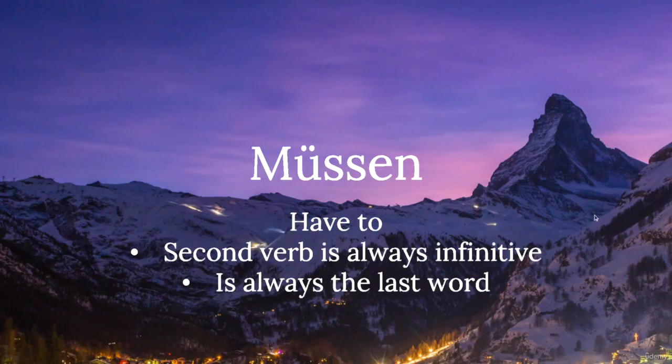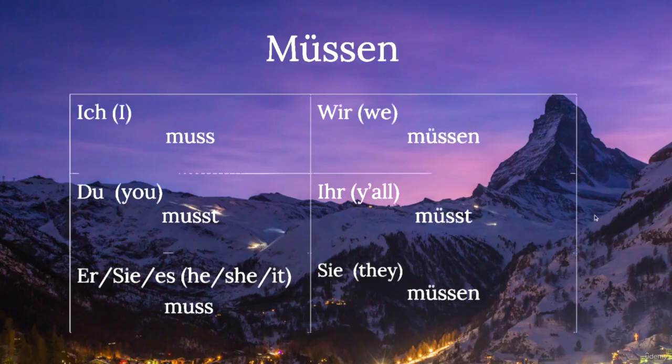For example, I have to. I have to what? I have to clean. We can use the verb müssen in the following way. Ich muss. Du musst. Es muss. Wir müssen.